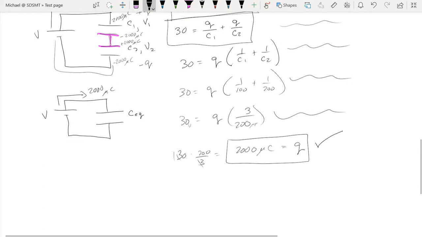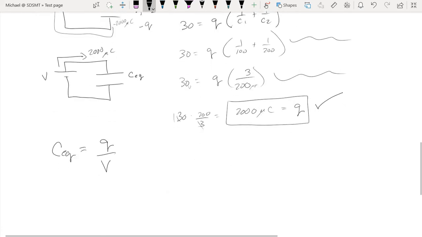And we would say, well, let's take the capacitor ratio equation and let's find out. We know what the necessary charge value is, so we're kind of cheating by putting that in here. But we've got 2,000 microcoulombs over 30 volts.